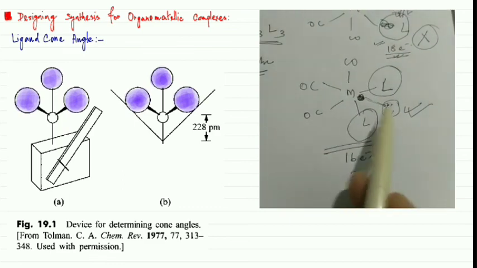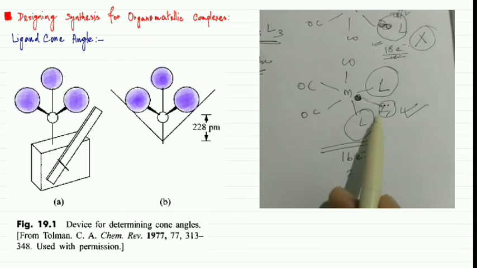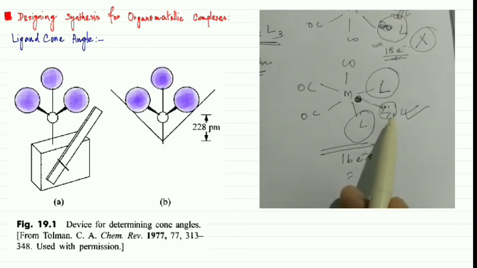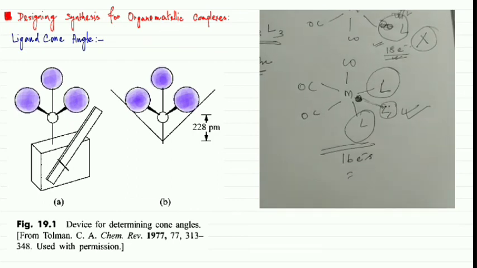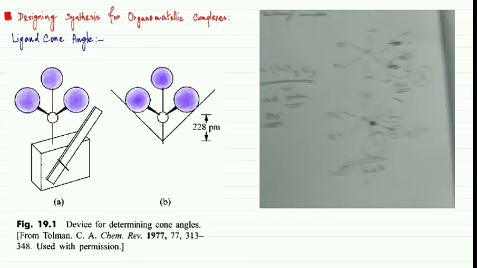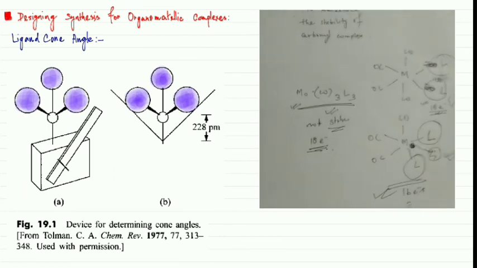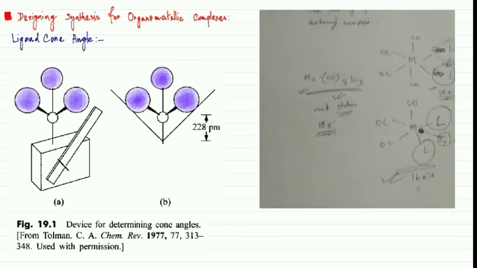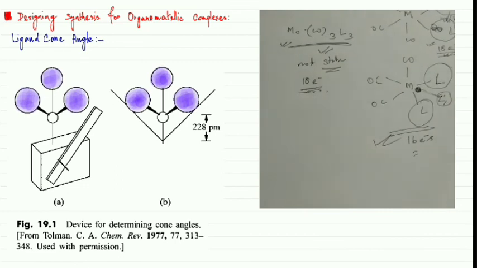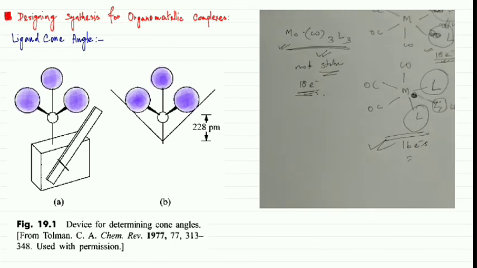That means this vacant coordination site is available only for the smallest donor. I hope you understand this concept of cone angles and their contribution to designing the synthesis of organometallic complexes. So it is very important.